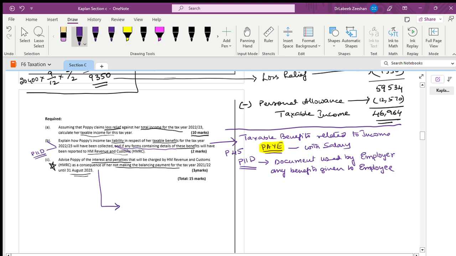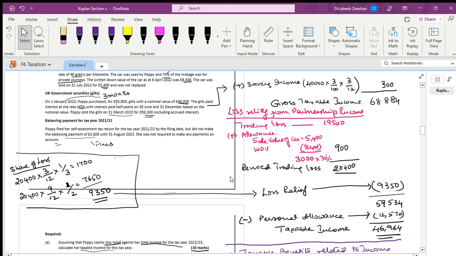What they have mentioned is the penalties of HM Revenue for not making the balance payment. Just go through the balance payment for the tax year. Poppy filed self-assessment for the filing date until 31st August 2023. She is not required to make any payments on account.